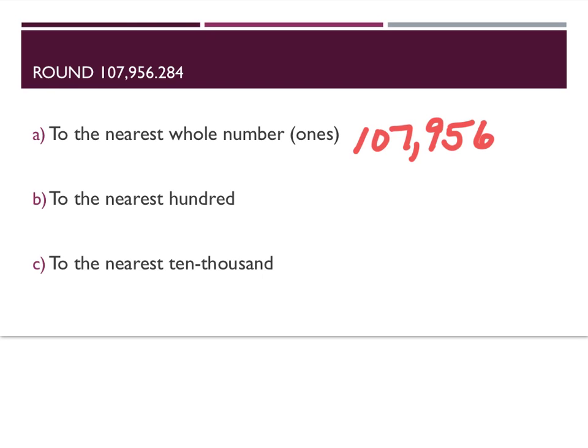If I want to round to the nearest hundred, I find the digit in hundreds place. It's going to be that 9. Now, because it's a 9, I might run into a little trouble. The 9 is either going to stay a 9 or it has to round up. If I look at the digit immediately to the right, that digit is a 5, which means my 9 would have to round up. 9 would round up to 10.